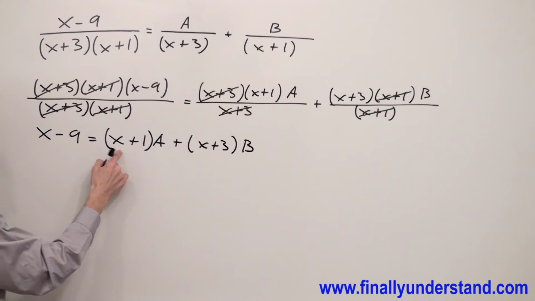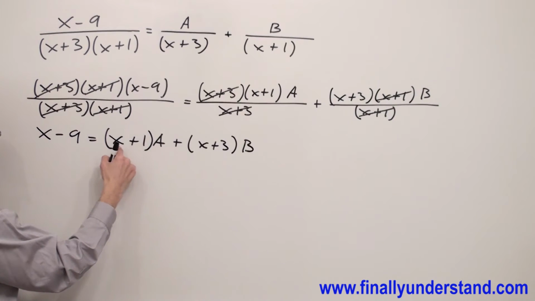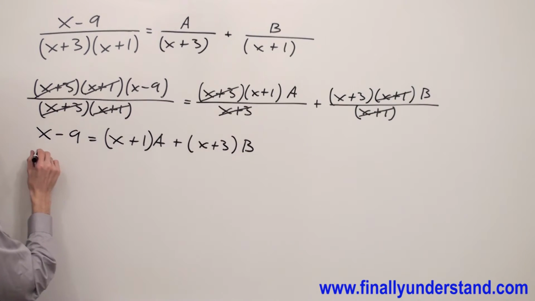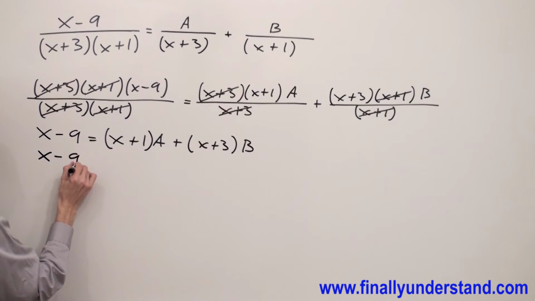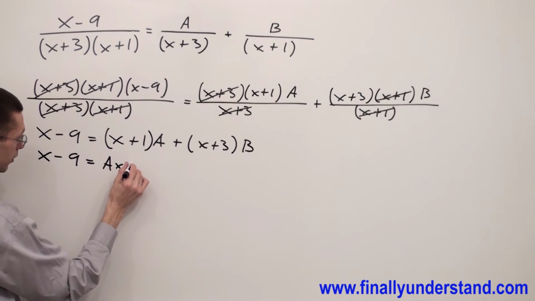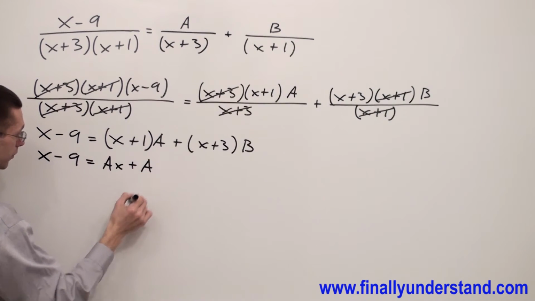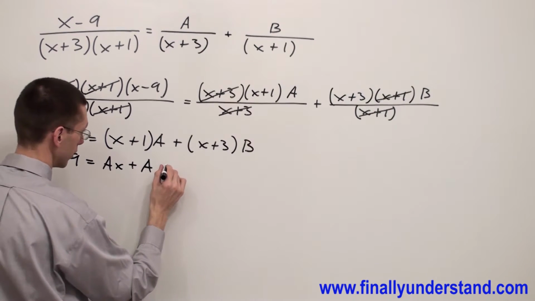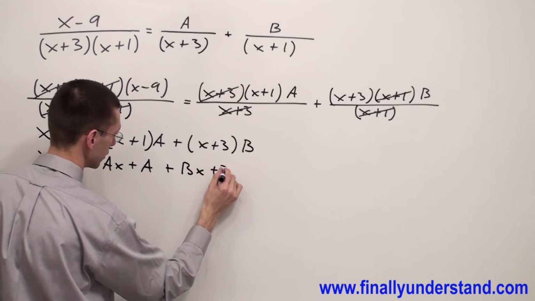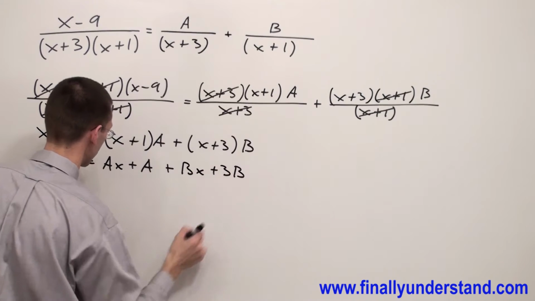Next, I have to eliminate the parentheses by distributing a into the parentheses and b into the parentheses. I have x minus 9 is equal to ax plus a plus bx plus 3b.